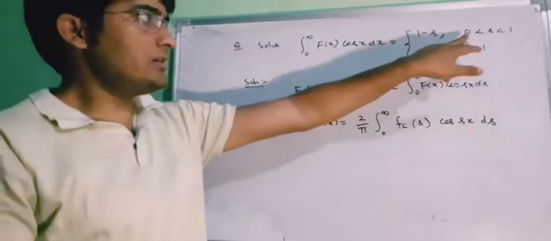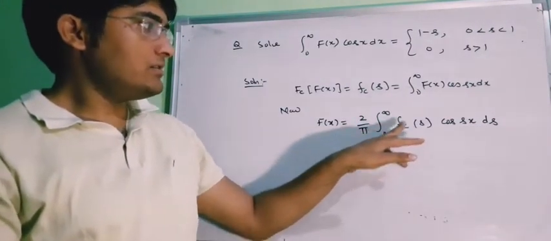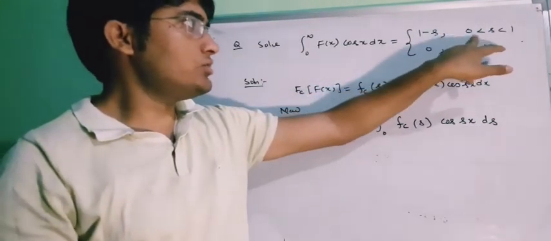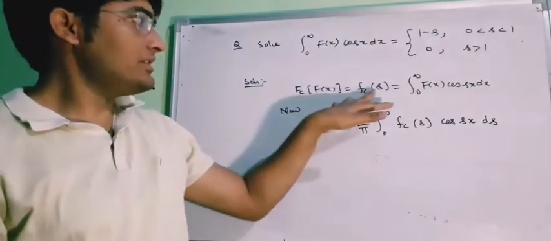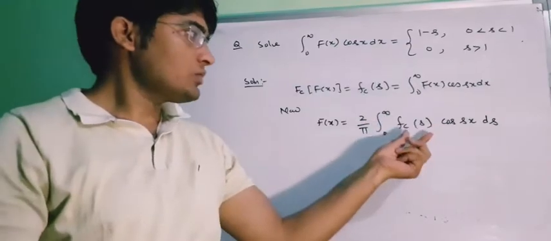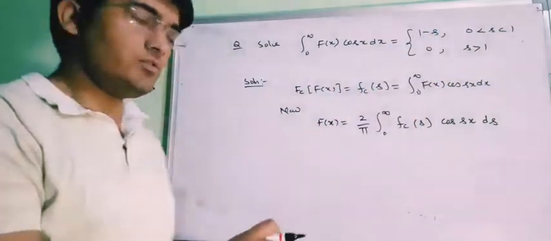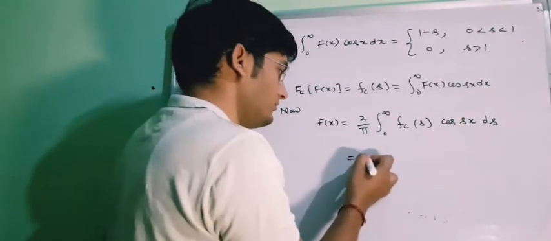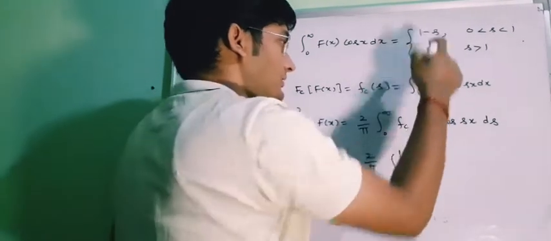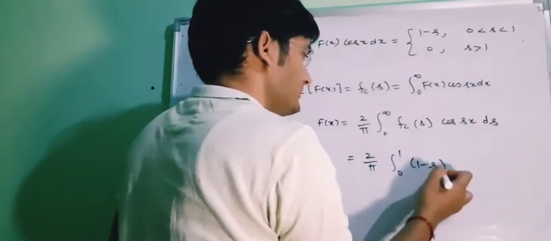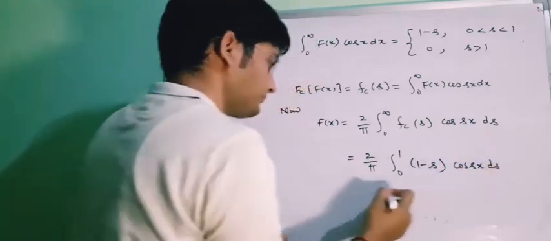Now as we are integrating with respect to s, when s is between 0 and 1, we have the value of this F_c(s) as 1 minus s. So only when s lies between 0 and 1 we get the non-zero value, and in the rest of the cases the value is 0. So we will write 0 to 1, and the value of F_c(s) is 1 minus s, then cos sx ds.